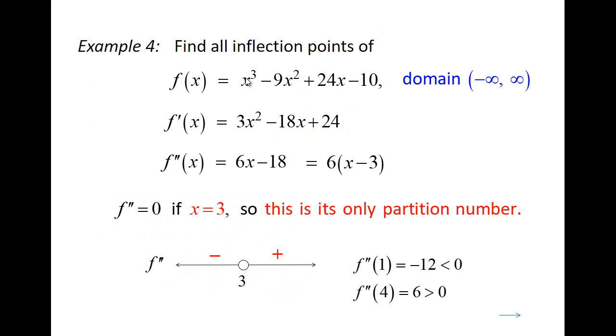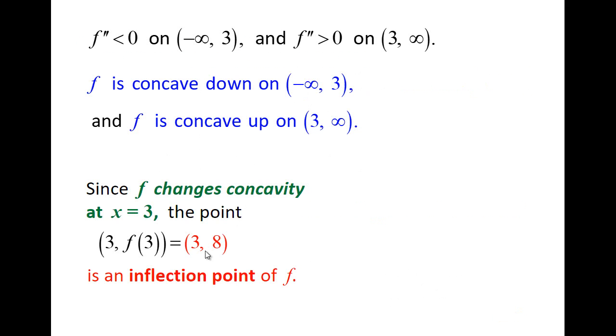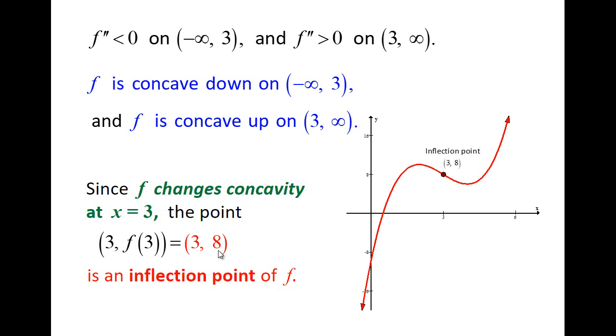It would be 3 cubed, which is 27, minus 9 times 3 squared, that's 9 times 9, 81, so 27 minus 81, plus 24 times 3, which is 72, and then minus 10. If we simplify that, that's how we get 8. So (3, f of 3), which is equal to (3, 8), is the inflection point of this function.